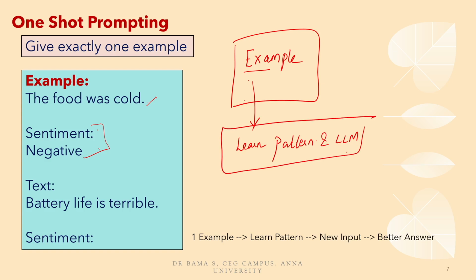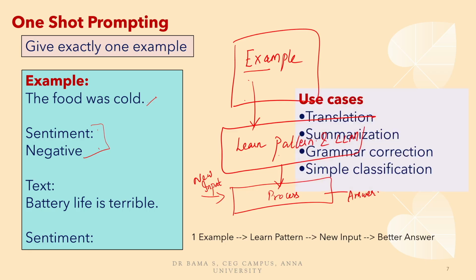The LLM has already had the trained knowledge, and along with it, it will learn the pattern, and when the new input is given, it would process it and give back the answer. The use cases here are going to be, say, translation, summarization, grammar correction, and simple types of classification, similar to what we did last time.